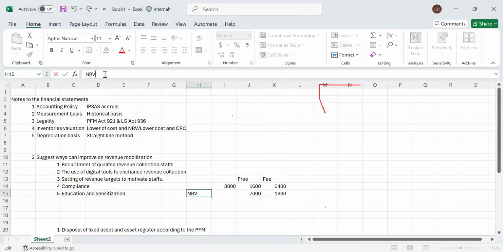The current replacement cost is estimated to be 7,800,000, comprising the same proportion as the cost. So this will be 20%, and this will be 80%.